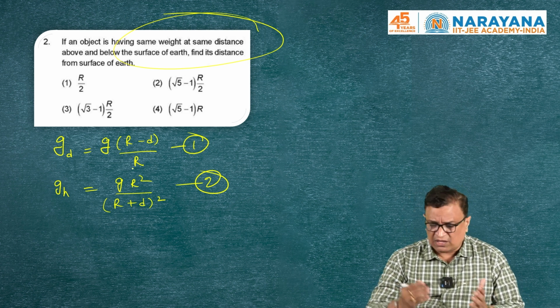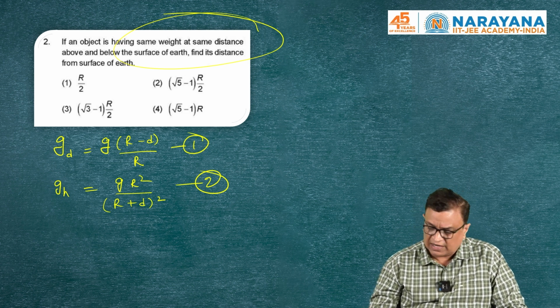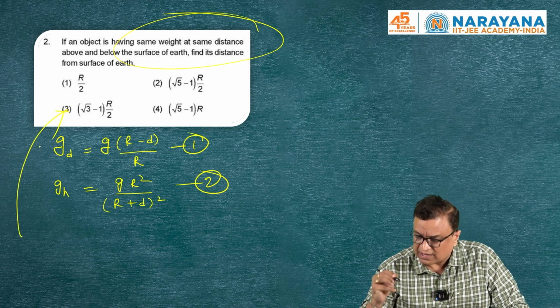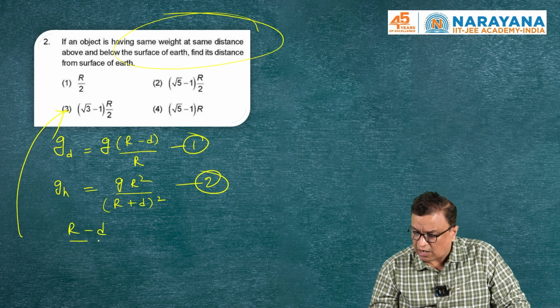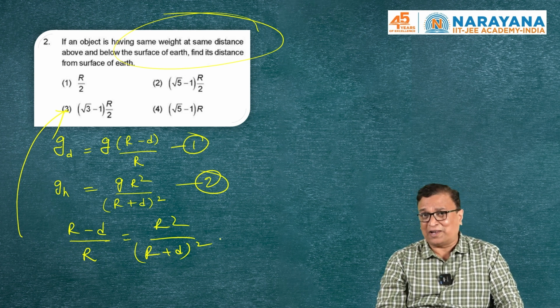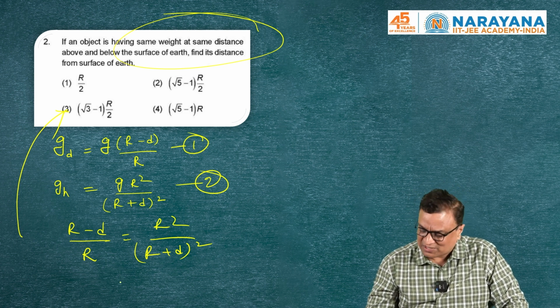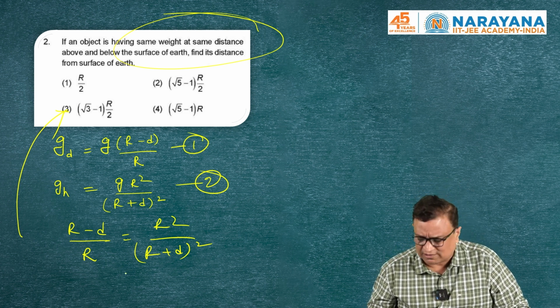LHS are the same, so equate RHS, by which you will get relation 3. The simple thing you are going to do is (R minus d) by R equals R square by (R plus d) whole square. By solving which you will absolutely get answer 3. Trust me, easy question. Almost every session had this question.